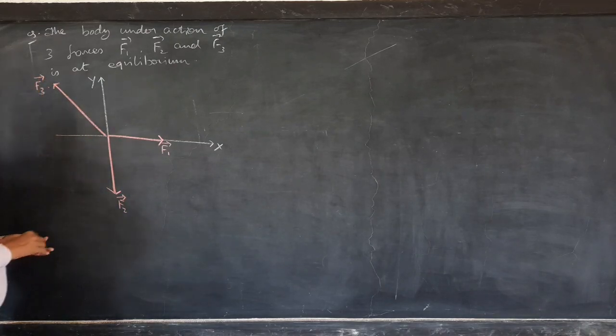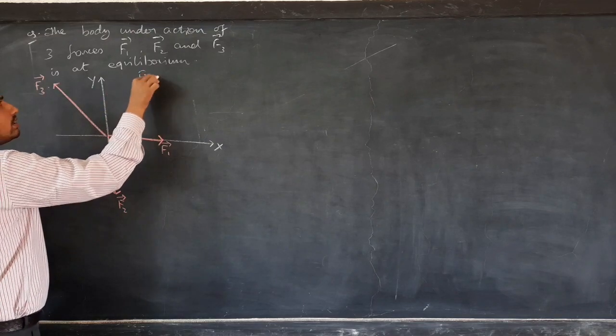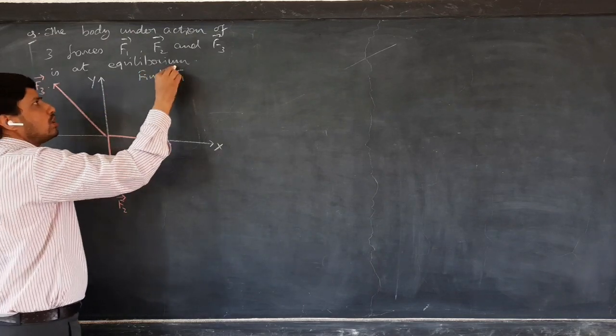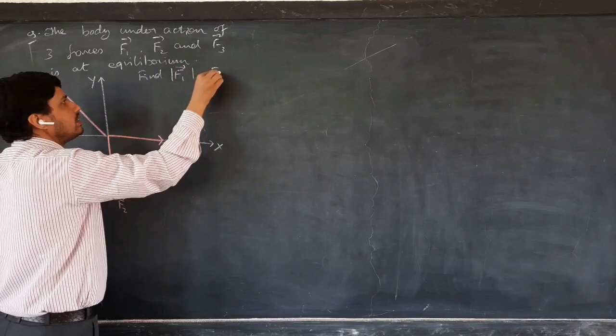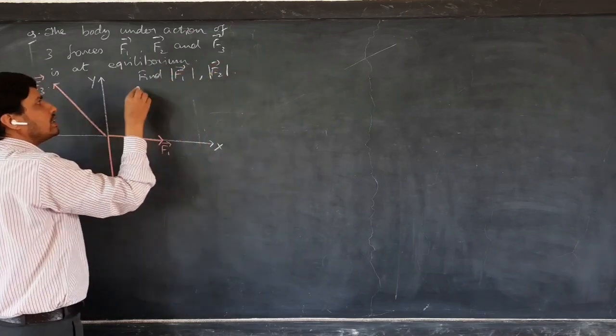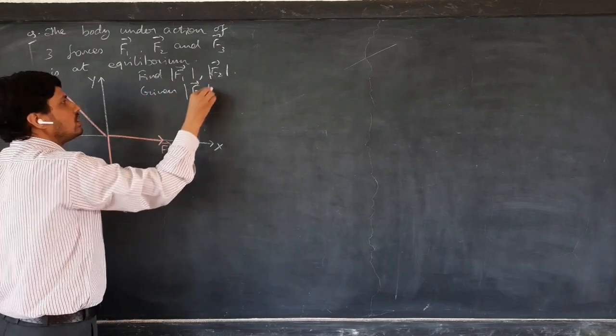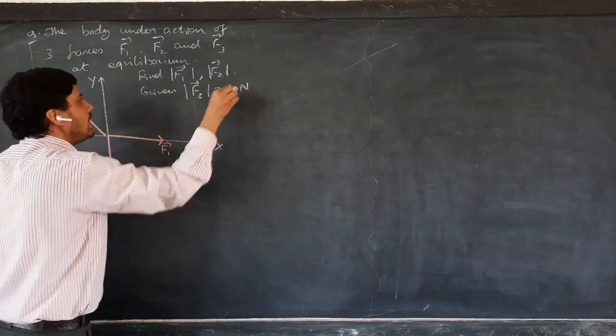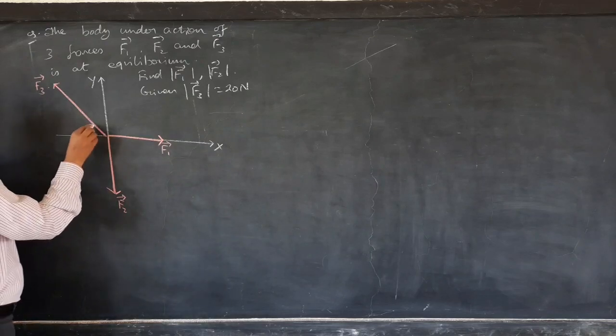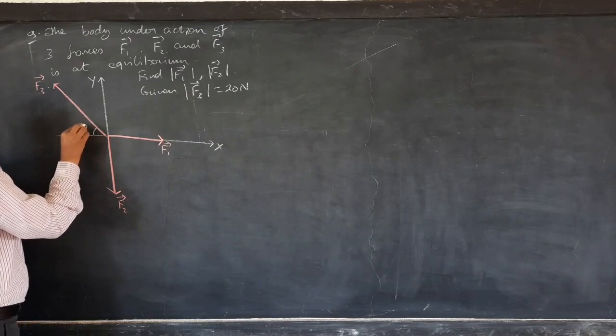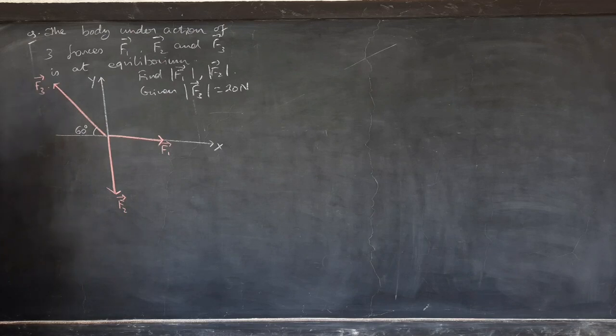In this question, you have to find the magnitudes of F1 vector and F2 vector, given F3 vector's magnitude is 20 Newton and F3 vector makes an angle of 60 degree with this particular direction.